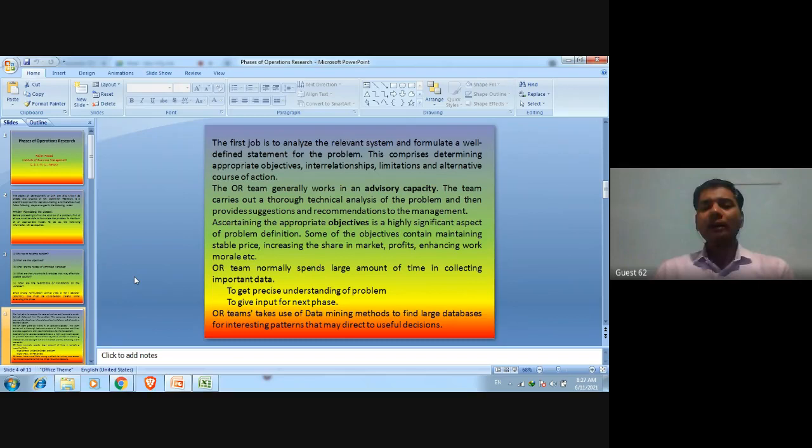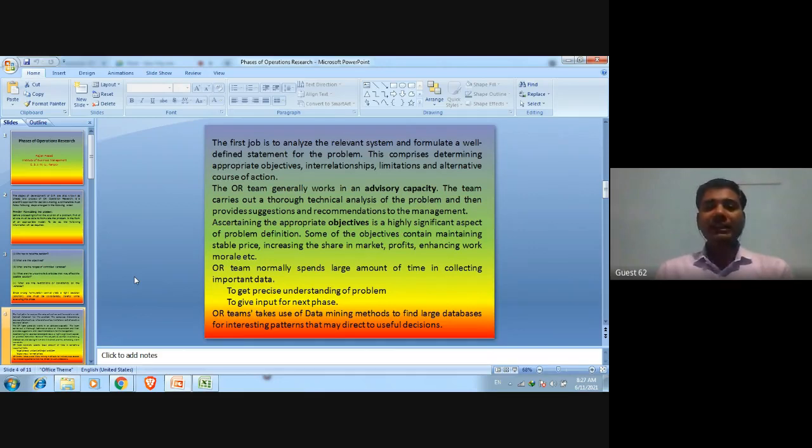They are a team which advises you for achieving your organizational objective. They suggest what you have to do to get the maximum profit or to minimize your cost.